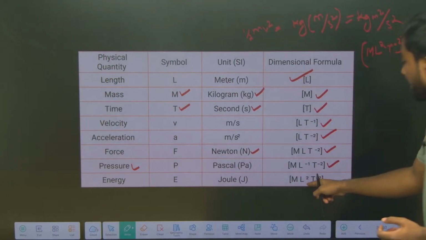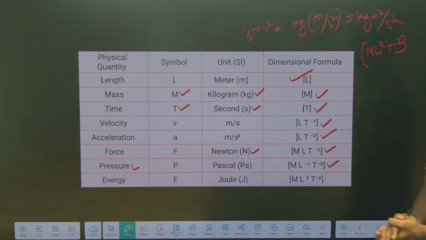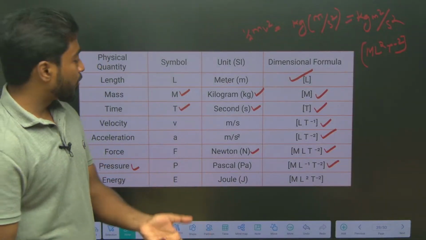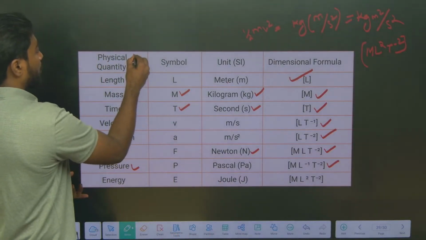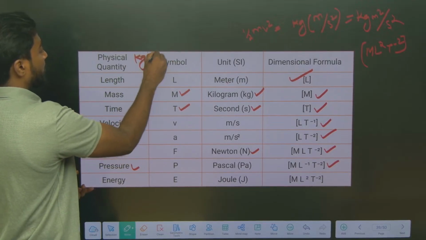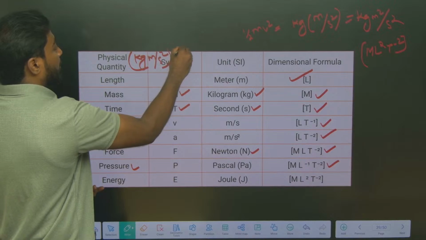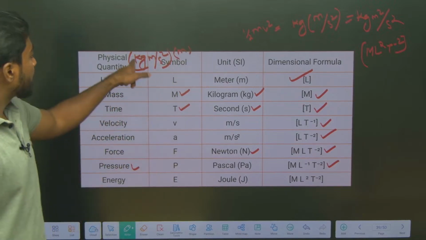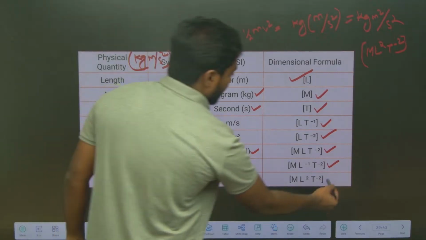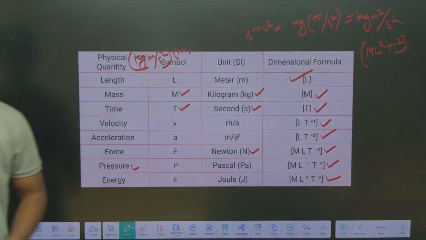So I am getting M L power 2 T power minus 2, right? Or else work done, force into displacement. So kg meter per second square into meter, like displacement. Simple. M L power 2 T power minus 2. That is for energy.